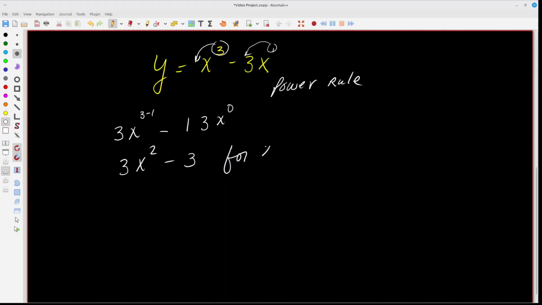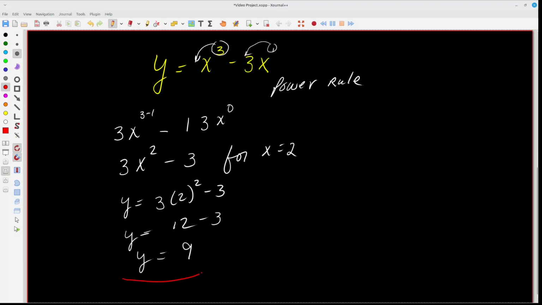So for x equals 2, I could say that y is equal to 3 times 2 raised to the second power minus 3. So 2 and 2 is 4, 3 and 4 is 12, so that's 12 minus 3. So we can say that y equals 9. So we get the answer 9, which is the same as we got using the other two methods.